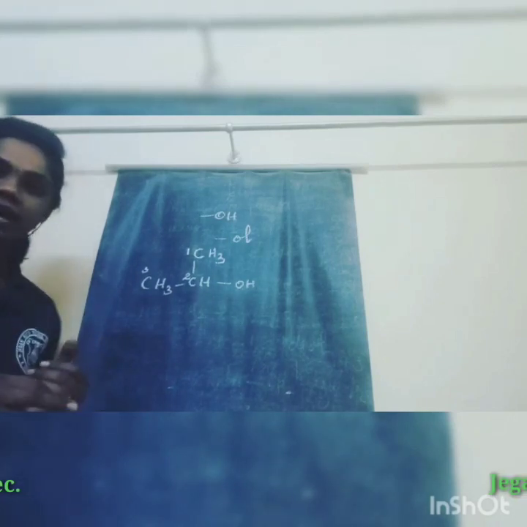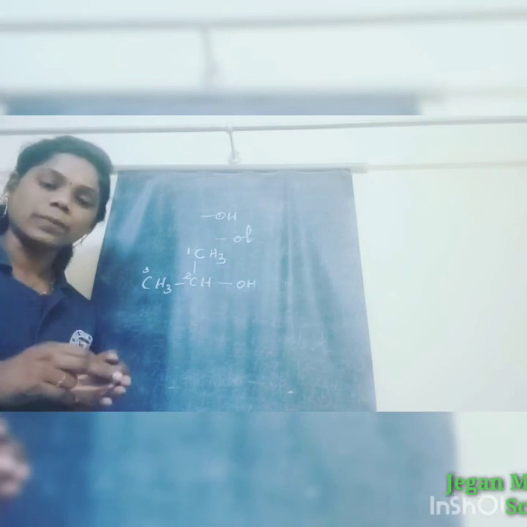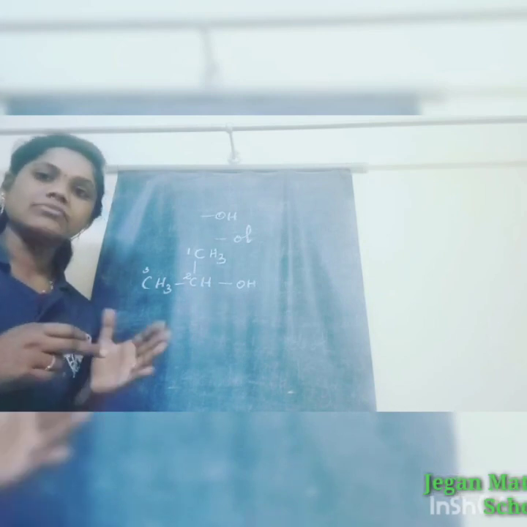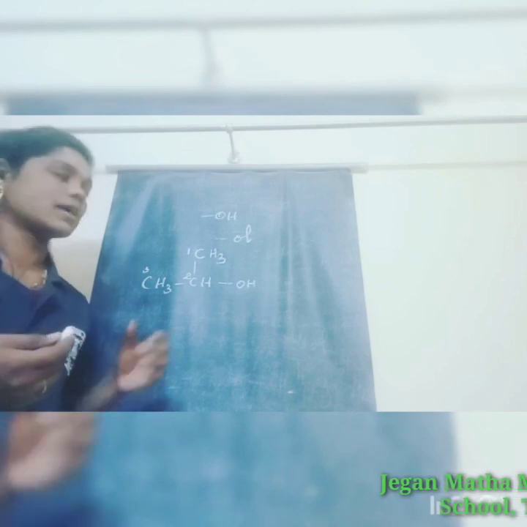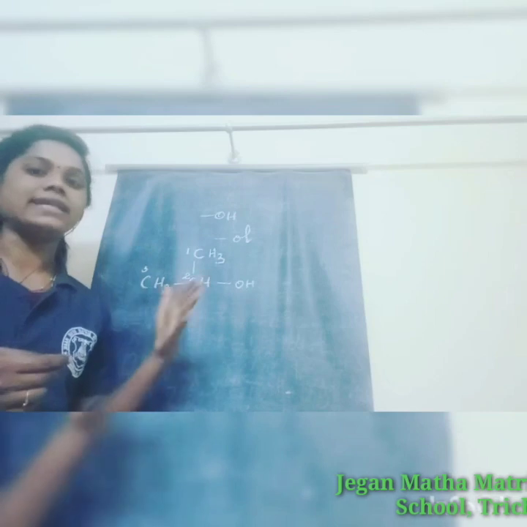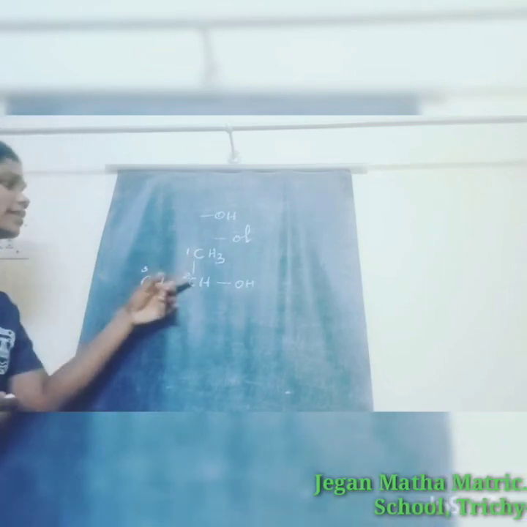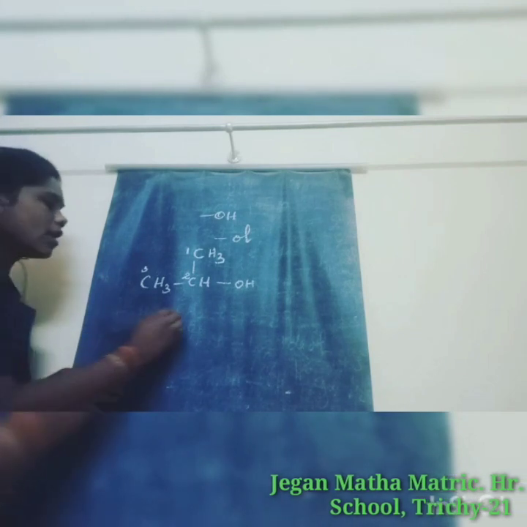One carbon means meth, 2 means eth, 3 means prop, 4 means but, 5 means pent, and 6 means hex. So methane, ethane, propane, butane, pentane, hexane. Here totally 3 carbons are present, so the root word is prop.